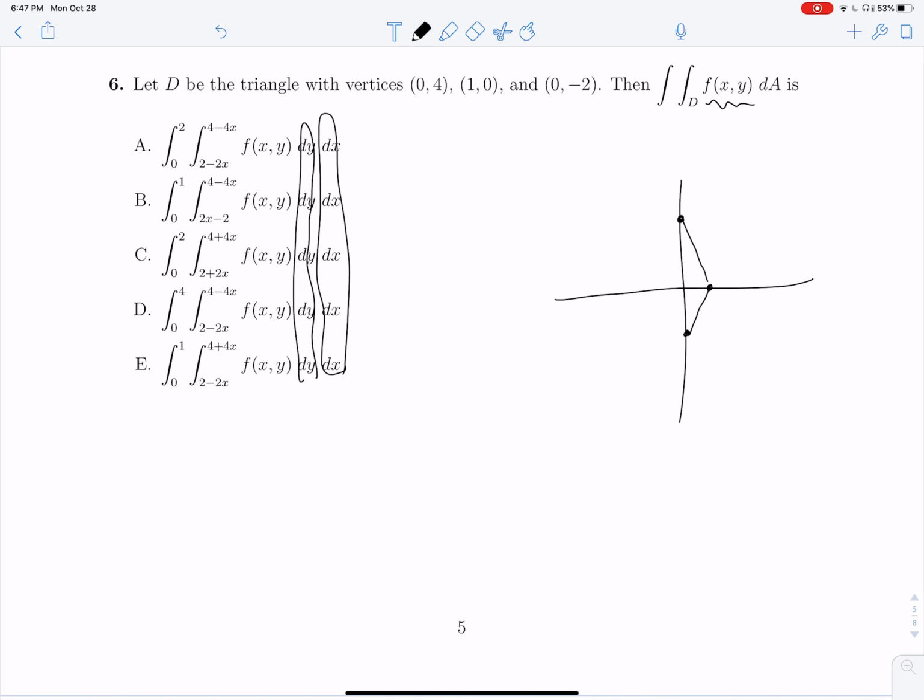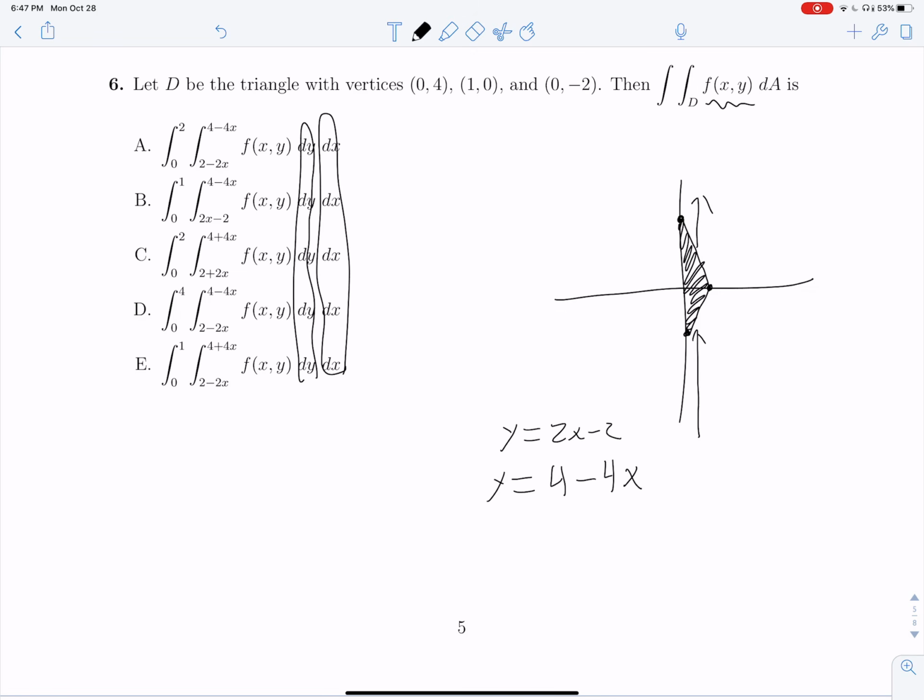So make that triangle in there, and if we're integrating with respect to y first, we're going to draw a line parallel to the y-axis, and that intersects the line y equals 2x minus 2 first, and leaves the region at the line y equals 4 minus 4x.